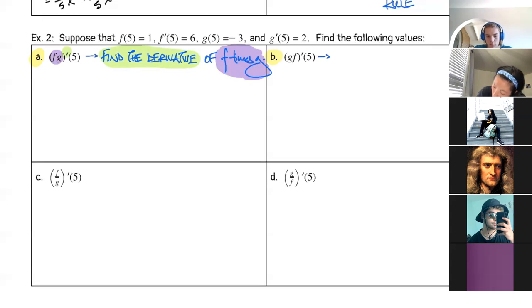How could we translate part B then? Because it's a little bit different. Yeah, FG turns into G times F. So find the derivative of G times F.